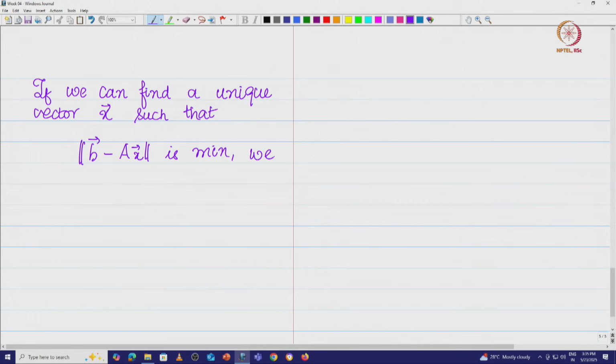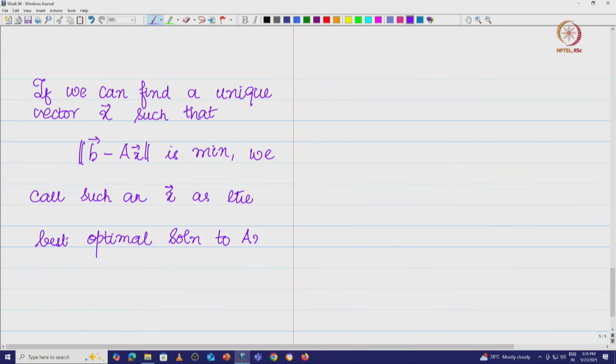we call such an x the best optimal solution to Ax equal to b in the squared sense, or in the sense of least squares.